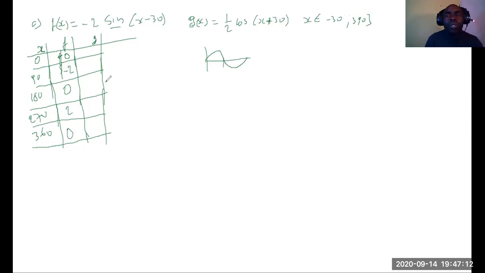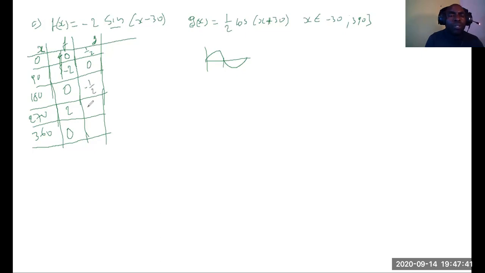Then let's go to cos. What is cos 0? It is 1 times that half, so it will be half. What is cos 90? It is 0. What is cos 180? Should be negative 1, so negative a half.